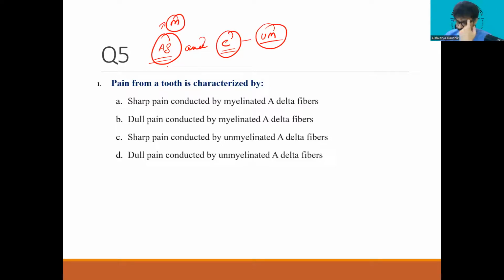Now, the nerve impulse conduction consequently will be faster for A delta fibers versus the C fibers.